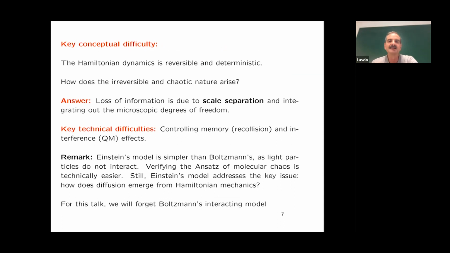And in one sentence, the basic answer is that there is a loss of information due to a scale separation, which means that you are not following the same amount of information that is needed for the Hamiltonian dynamics. You integrate out lots of microscopic degrees of freedom, and that loss of information is responsible for the loss of reversibility.